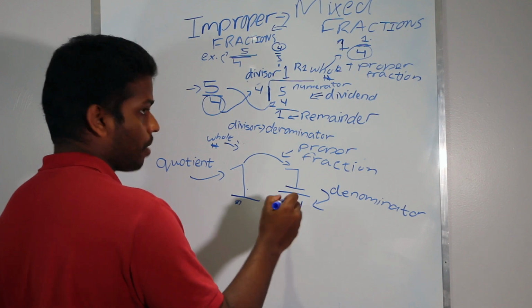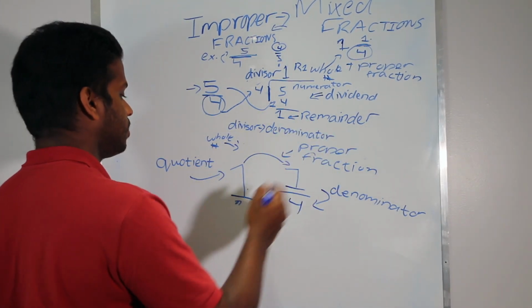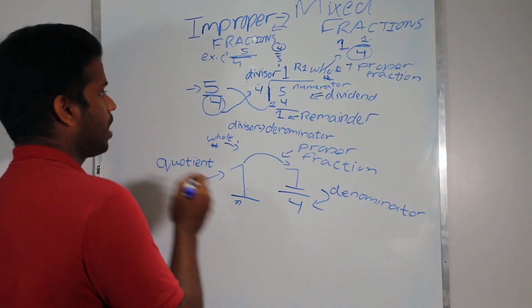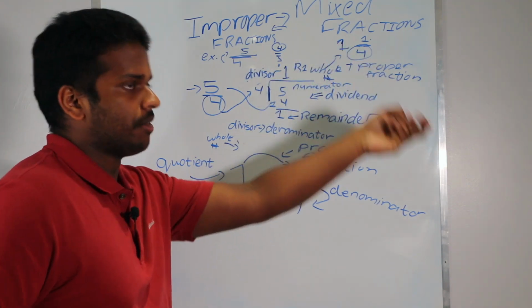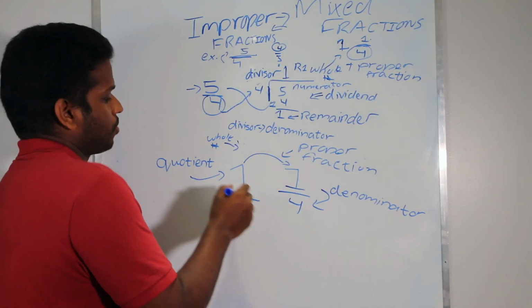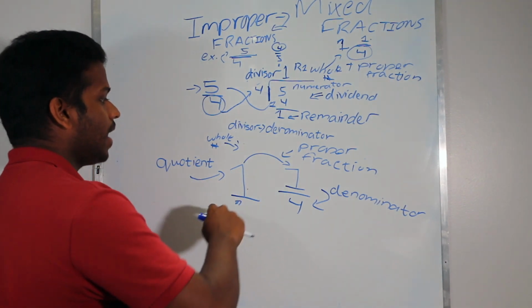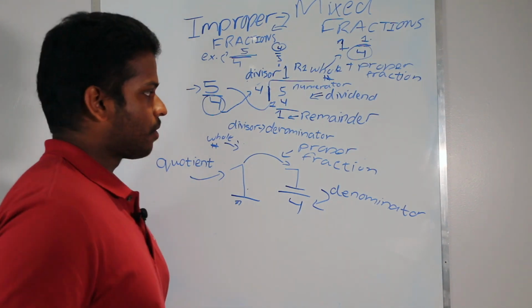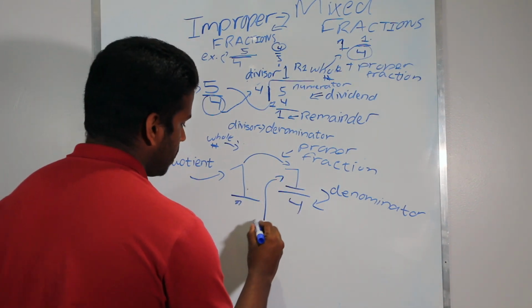The denominator is part of the proper fraction in the mixed fraction. And our whole number is the quotient, whatever the result was, because the other one was the remainder. So the actual result is quotient 1, remainder 1. The whole number quotient is the whole number in the mixed fraction, and the numerator of our proper fraction is the remainder.